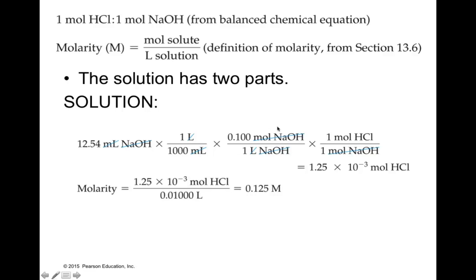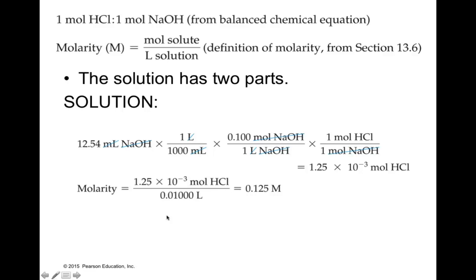This is the molarity of sodium hydroxide, 0.100 molar. By multiplying the volume times the molarity, we're going to have the moles of sodium hydroxide. And now we need to change from moles of sodium hydroxide to moles of HCl by using the conversion factor that we obtain from the coefficients of the balanced chemical equation. And now we have here the moles of HCl.